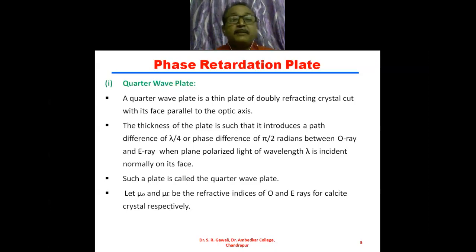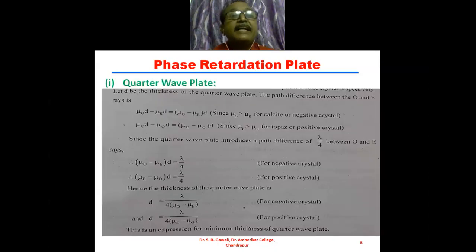For that purpose, let mu O and mu E be the refractive indices of the ordinary and extraordinary rays for the calcite crystal respectively. Then let D be the thickness of the quarter wave plate.